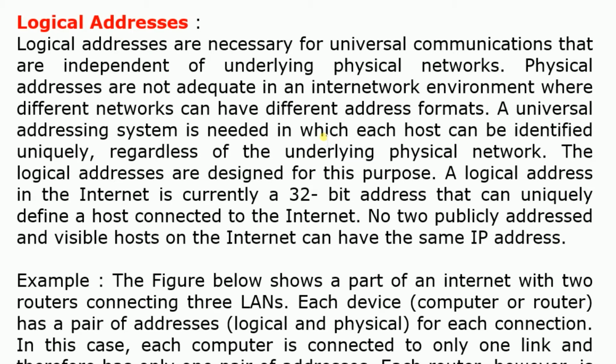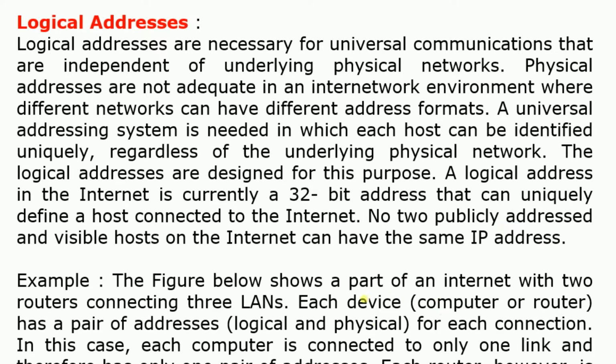That's why a universal addressing system is needed along with the network concept, and that addressing system we call a logical address, and it will be a 32-bit address format. 32-bit means four parts of 8 bits each, an address system that uniquely defines a host connected to the internet.